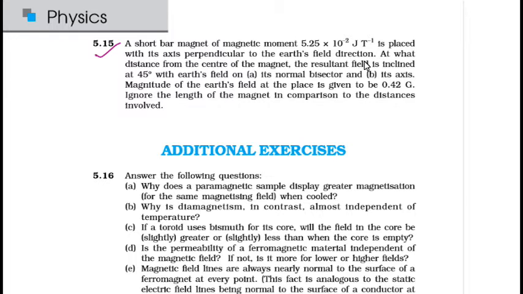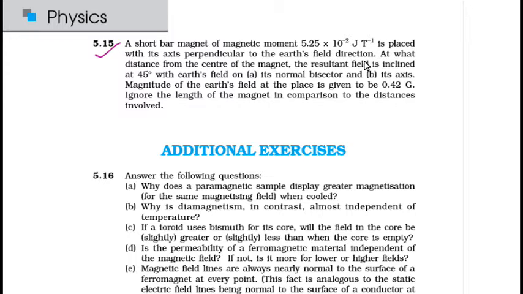At what distance from the center of the magnet is the resultant field inclined at 45 degree with Earth's field on A, its normal bisector and B, its axis? Magnitude of the Earth's field at the place is given to be 0.42 G. Ignore the length of the magnet in comparison to the distance involved.